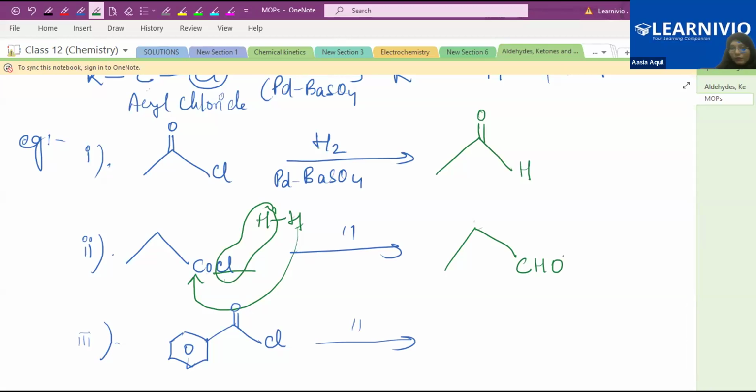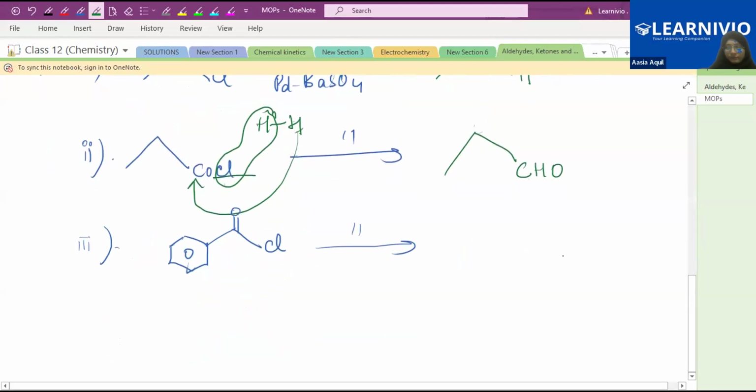Okay. So if it is clear, then tell me the product of the third one. Instead of Cl, H would be attached, and HCl. Okay. So what will be the name of this product?